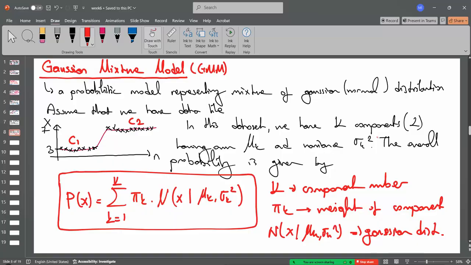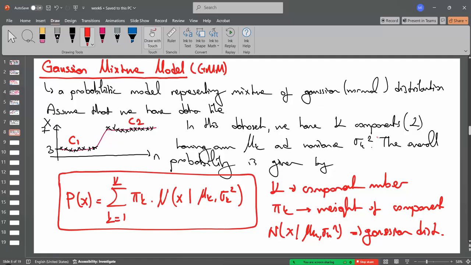But can we select four components here? Yes, we can create four components based on this information, but we don't need to, because in the Gaussian mixture model we can learn the data representations from X, the dataset. In this case we have two classes, so k components must be selected as two.